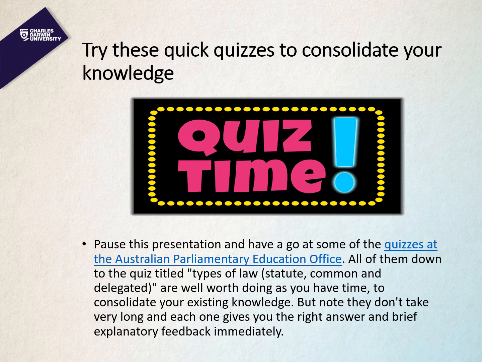Next, have I got a deal for you? I've found some very useful quizzes, true and false, and multi-part quizzes, A, B, C or D type quizzes at the Australian Parliamentary Education Office.